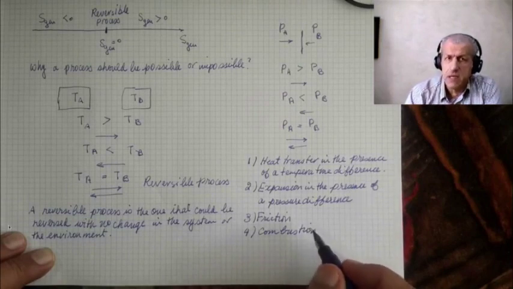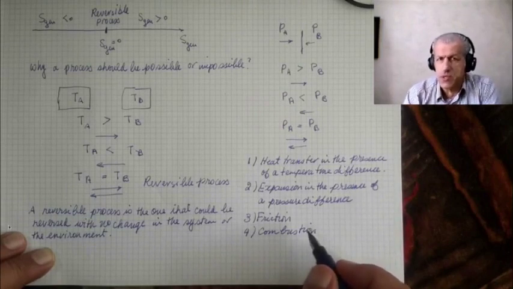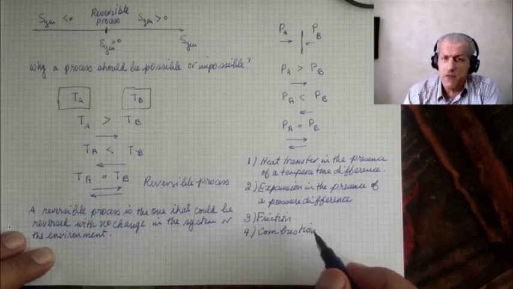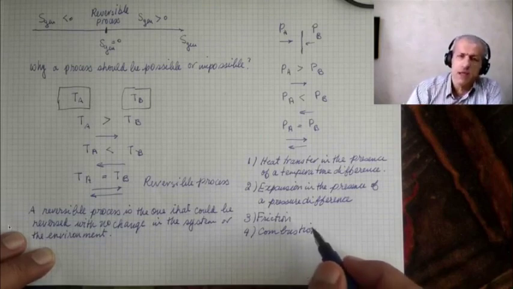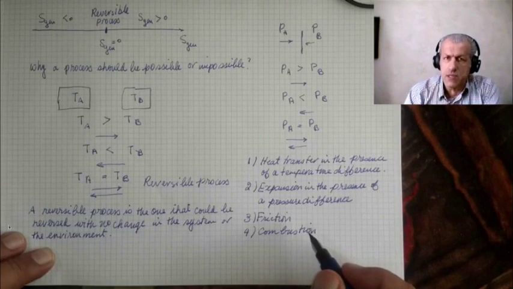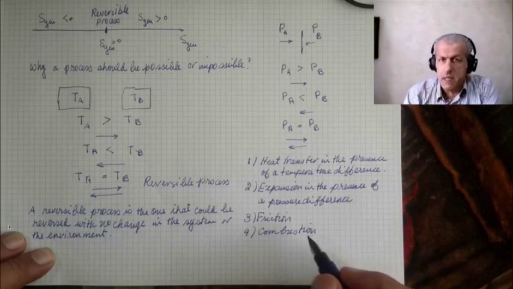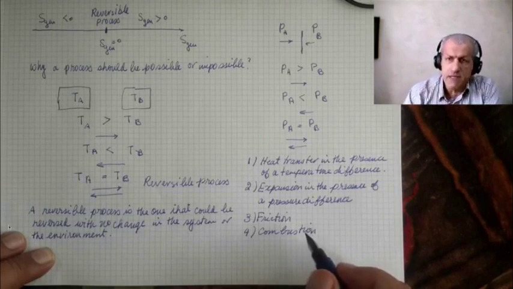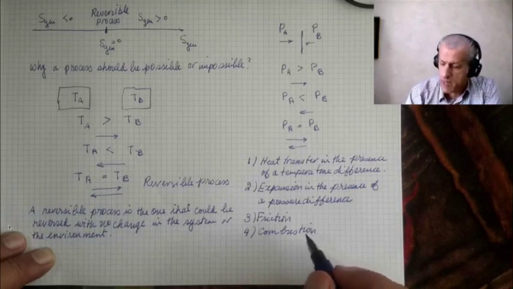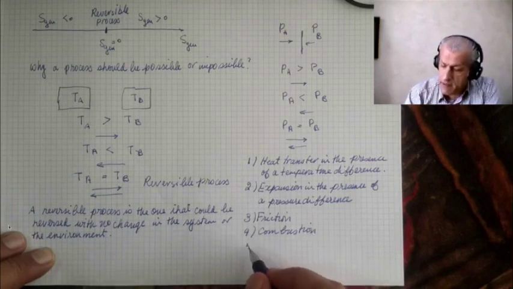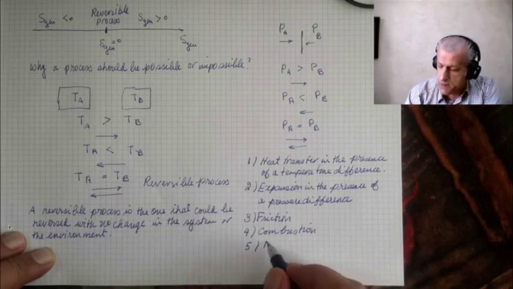Burn a matchstick, it won't return to its original place. Burn fuel, you can't return it to its original situation. So combustion is pretty irreversible and also possible. And finally, five, mixture.